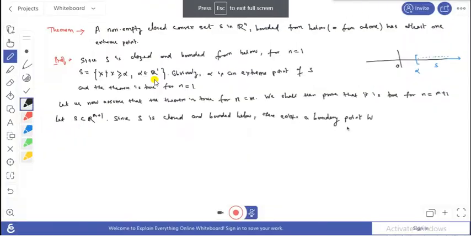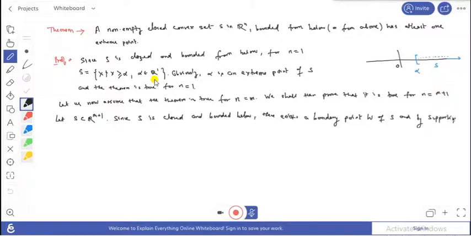So there exists a boundary point W of this closed set S, and by the supporting hyperplane theorem there is a hyperplane.